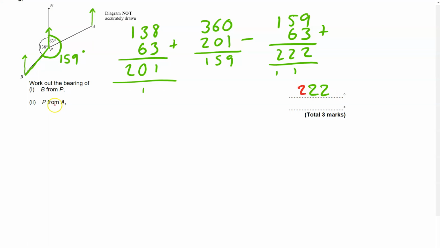P from A, so you're at A and you want to get to P. So you've got to go all the way around there. We can tell this angle here because 63 and that angle there have to add up to 180 because they're interior. So 180 minus 63.